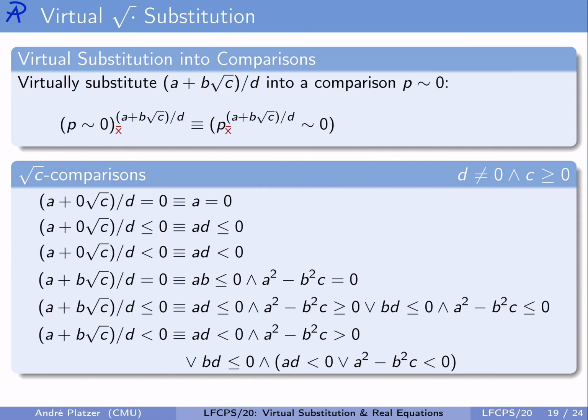So it's also true whenever this is the dominant sign, so whenever b squared c is greater or equal to a squared, so this one wins over that one, and now the signs of this b and that d are opposing, so b times d is less or equal 0.